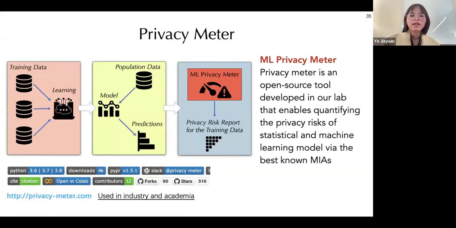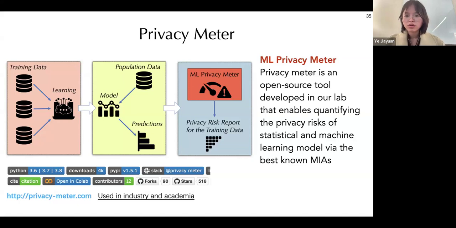Okay, so with that, I would end the section about designing the attack, and as conclusion, there are various attacks which have different strengths, and it is important to use the strongest attack when evaluating the privacy risk.